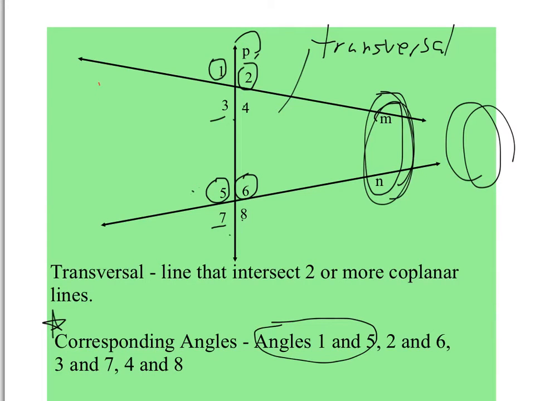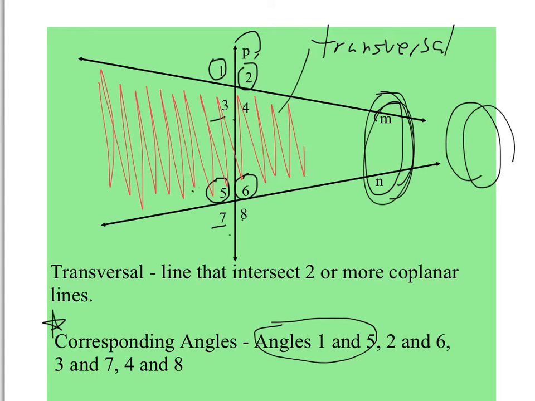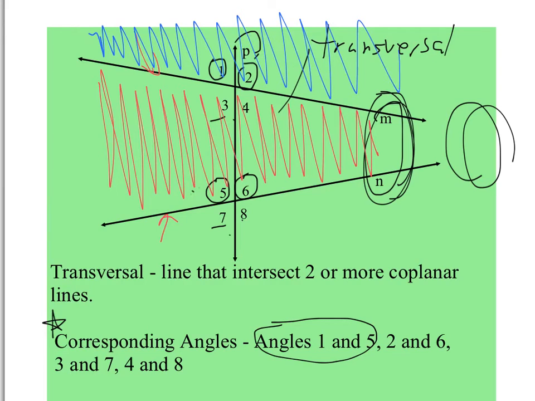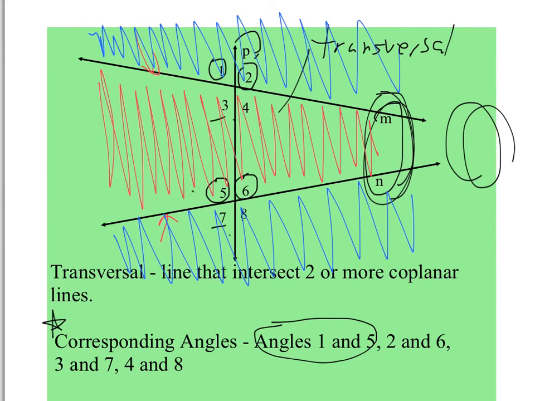So we have space that's interior to our two lines, here and here. And then I'll draw in blue space that's not interior to our two lines, space that would be exterior. All the space on the outside of these two lines would be exterior space.